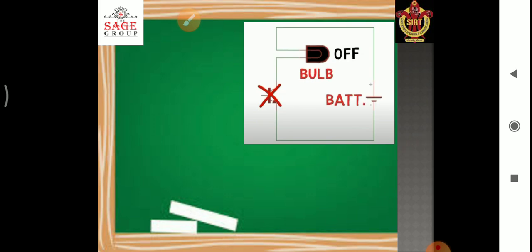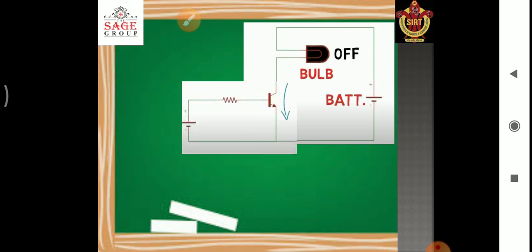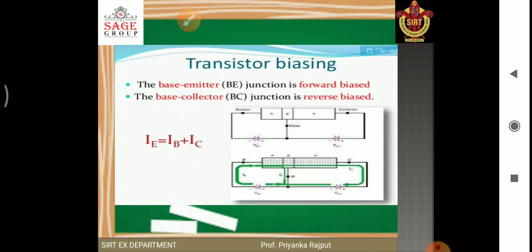Next, when we connect a supply to the transistor, current will flow and the bulb goes on. Here, connecting a supply means we supply a pulse at the input side of the transistor. Now, transistor biasing. The base-emitter junction is forward biased. The base-collector junction is reverse biased.